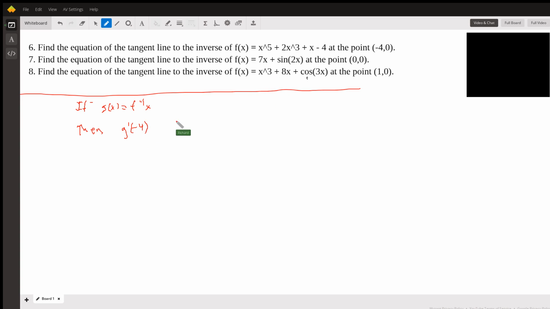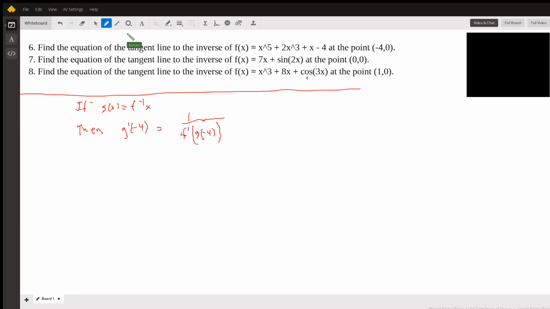So then g prime of c is going to be 1 over f prime of g of c. So it's a composite function, f prime of g of c. Okay, so now that's the rule or formula for how to proceed.